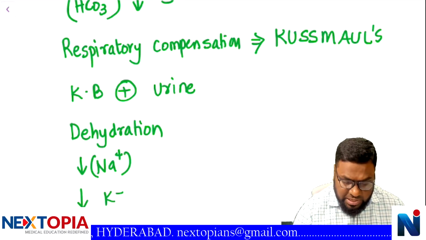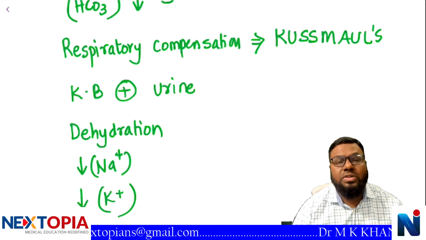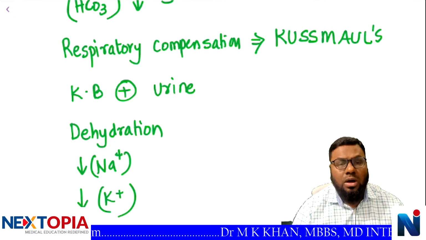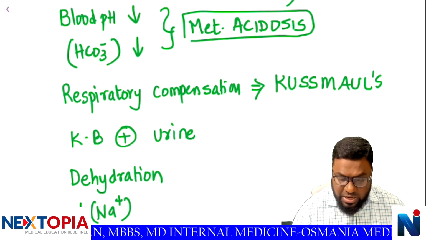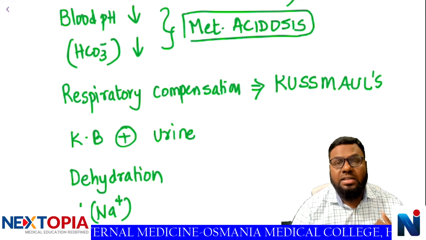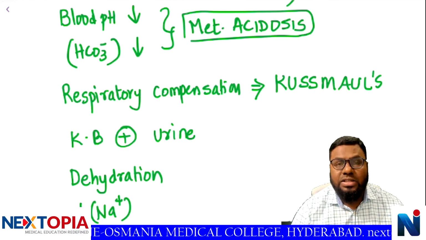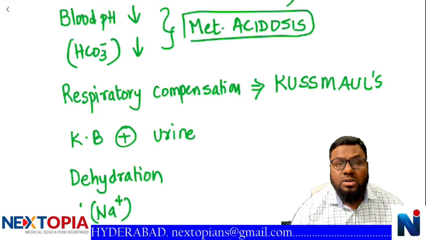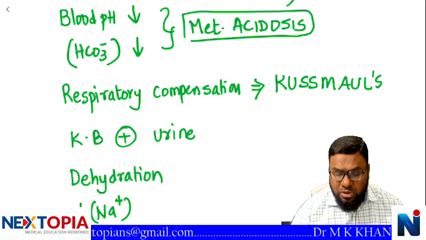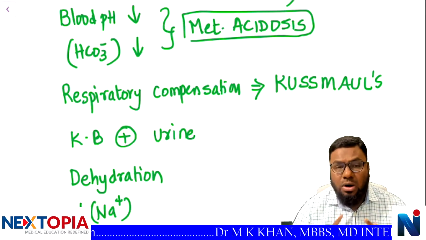There is decrease in the potassium concentration because of deficiency of insulin. All right. So in the treatment of diabetic ketoacidosis, you will have to address these problems. You will have to correct the acidosis, the dehydration, the insulin deficiency, and the sodium and potassium loss. All right, all these factors should be addressed.